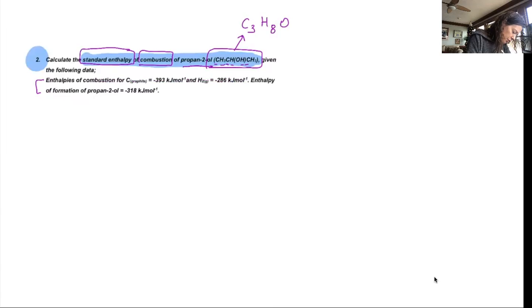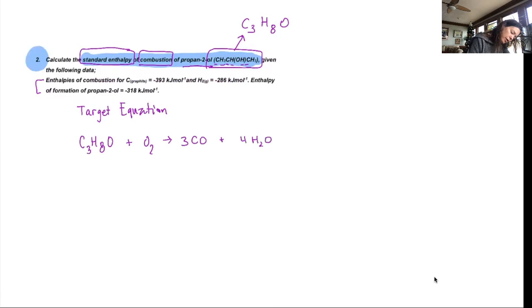And I'm going to create the target equation, because it tells me that the target equation is the standard enthalpy of combustion. So I will take the propane-2-ol, and I will combust the propane-2-ol, and we will get the carbon dioxide, 3 plus the 4 H2O.